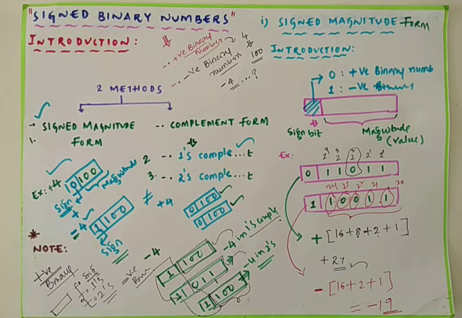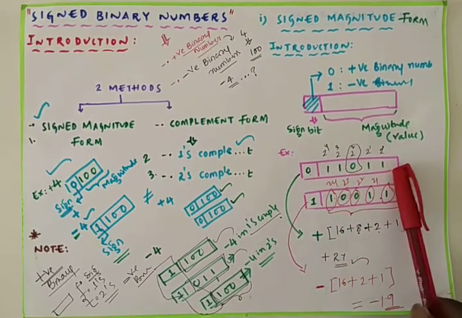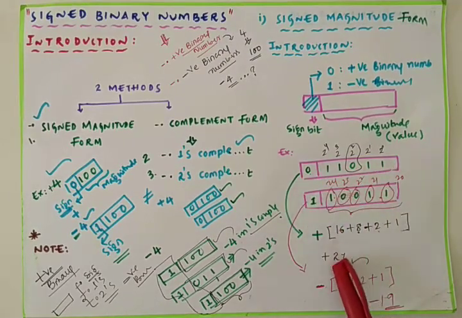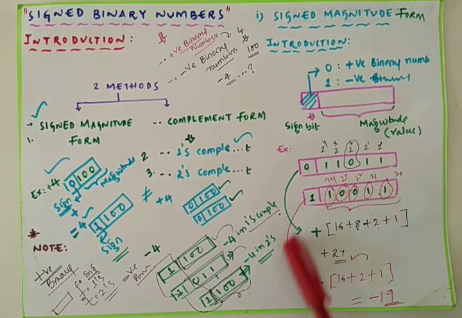That is the sign magnitude form to represent the negative numbers. This is the representation for a positive number: 0 followed by the magnitude. 1 followed by the magnitude of that number is the representation of a negative number.